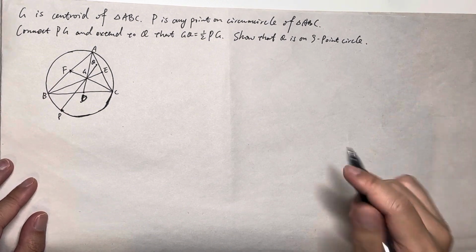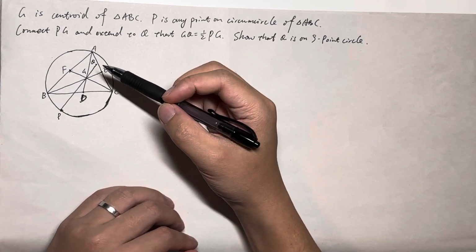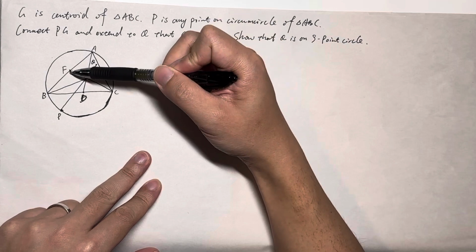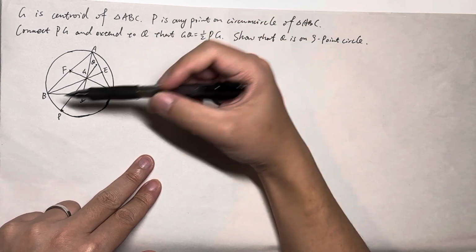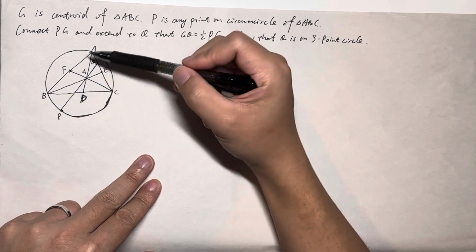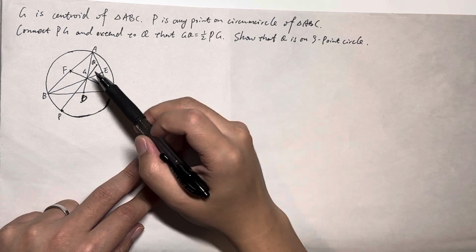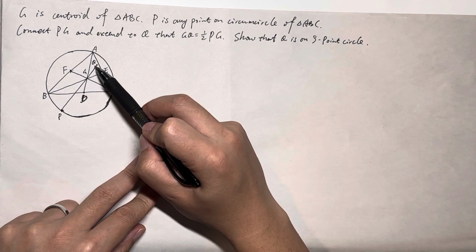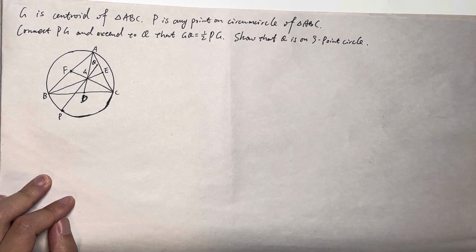In the previous video, we already proved that the 9-point circle is also the circumcircle of triangle FDE, right? D, E, F are the midpoints of BC, AC, AB respectively. So we just need to prove that FDEQ is a cyclic quadrilateral.